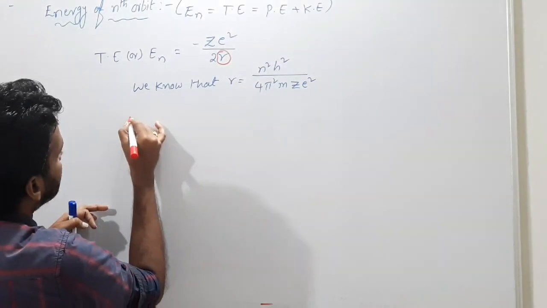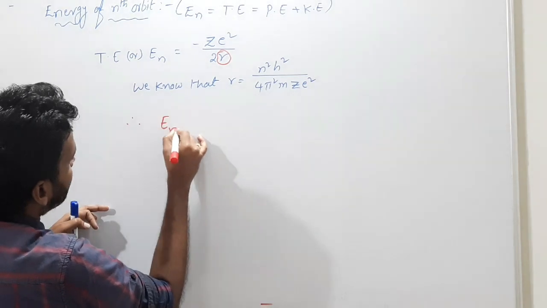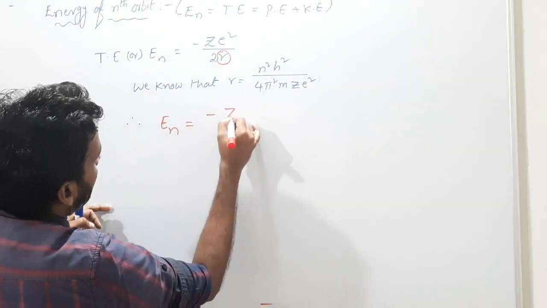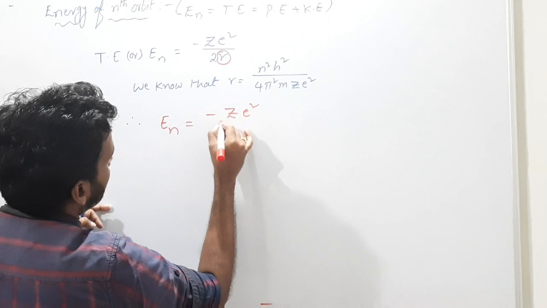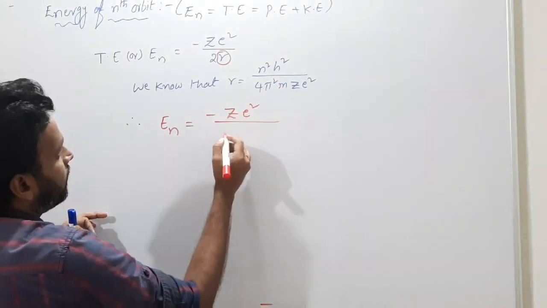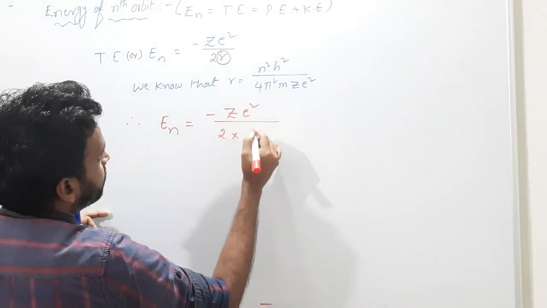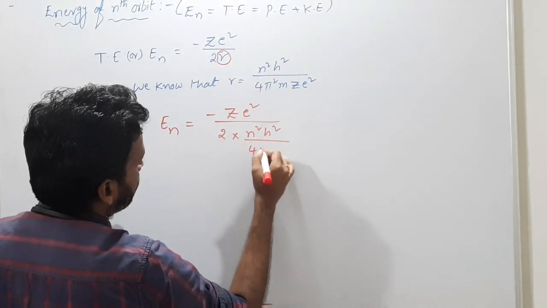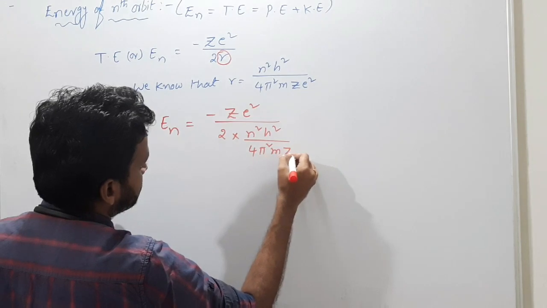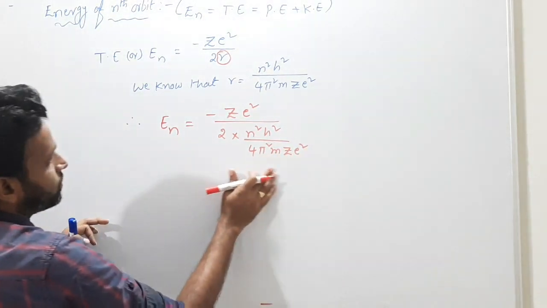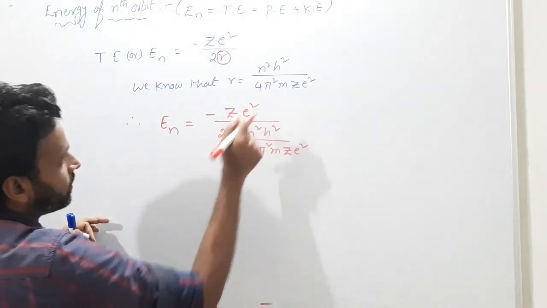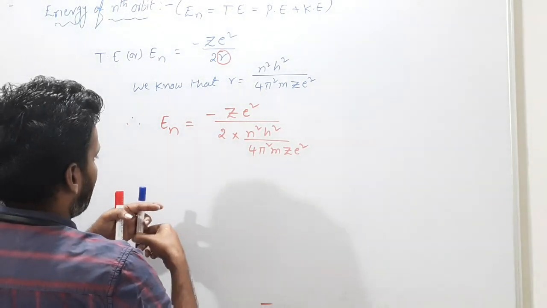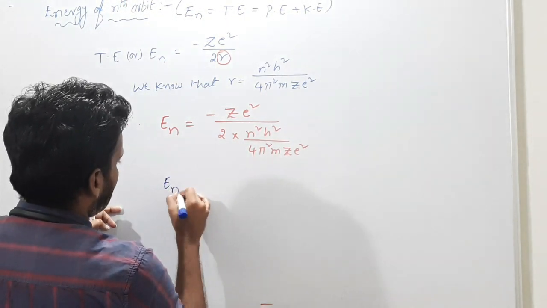Now the energy of the nth orbit is equal to minus Ze square by 2 into n square h square by 4 pi square m Ze square. So just bring this into the numerator, so that you will have the energy of the nth orbit.